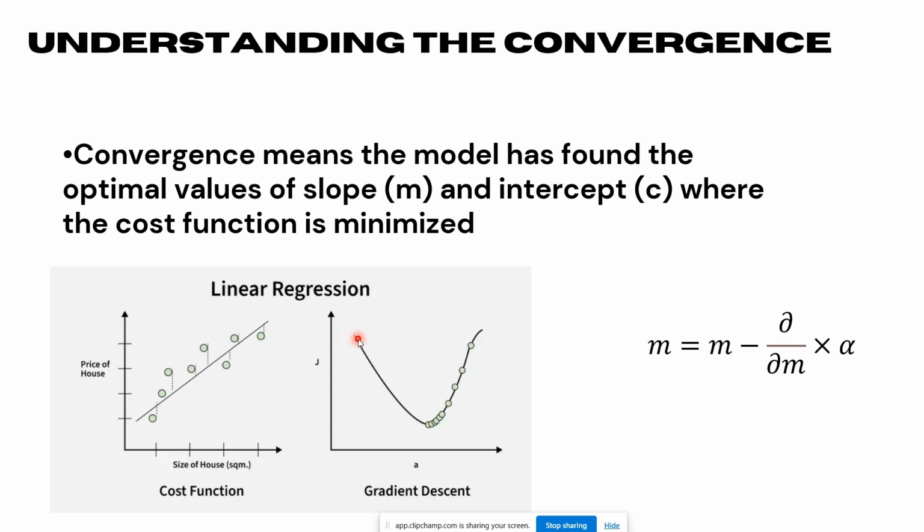So we are finding an m which is slightly less than the earlier m value, and this can be done by using a convergence formula, which is the earlier m minus the derivative of m into alpha, where alpha is the learning rate, which should be a minimum value.